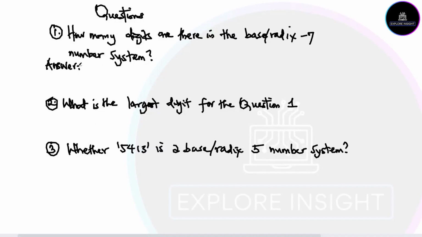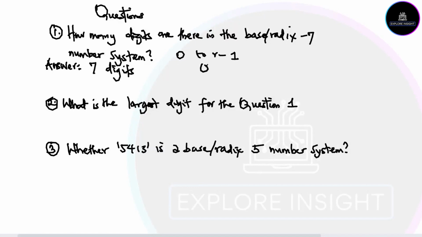So here are my answers. I'll say that there are 7 digits here, because we are dealing with a base 7 number system. Remember the formula, 0 to R minus 1.